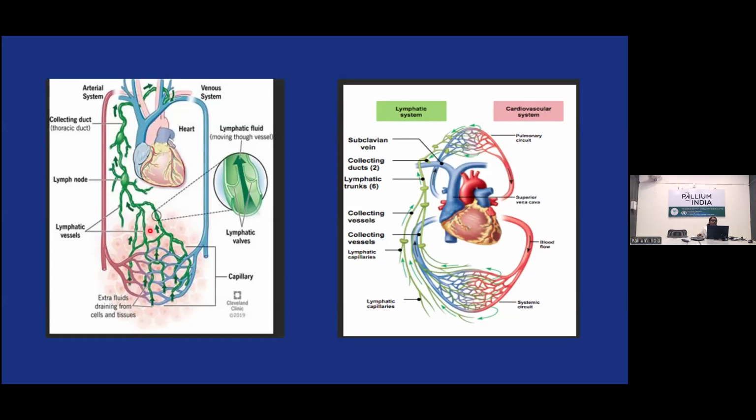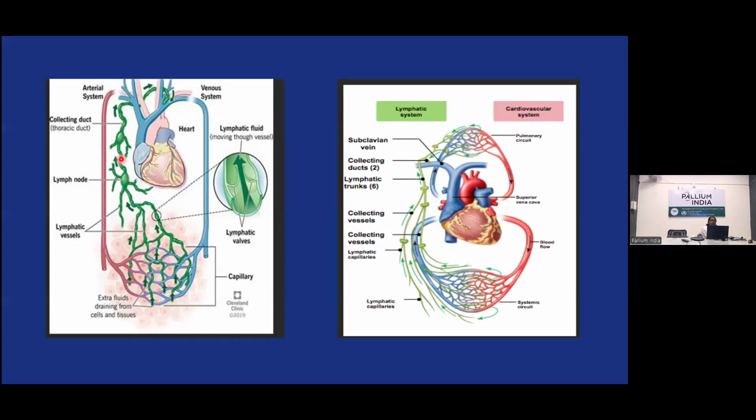You can see this green color, that is the lymphatic capillaries. It looks like a clustered form, overlapping endothelial cells. It absorbs the fluid from the interstitial space, then it goes to the lymphatic vessels, and then to the lymph node for filtering out the harmful substances from the lymphatic fluids.